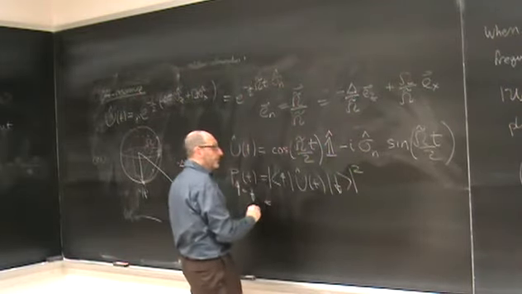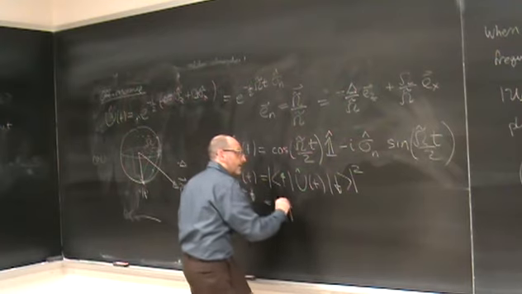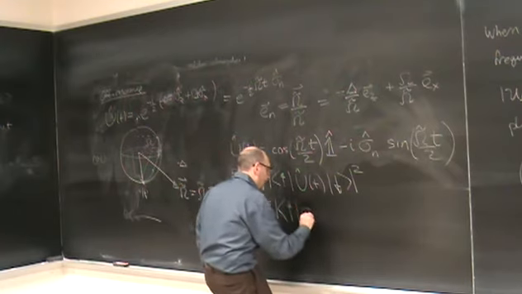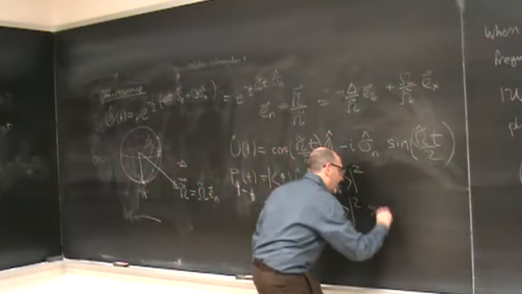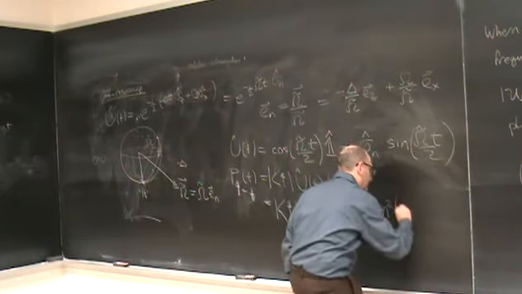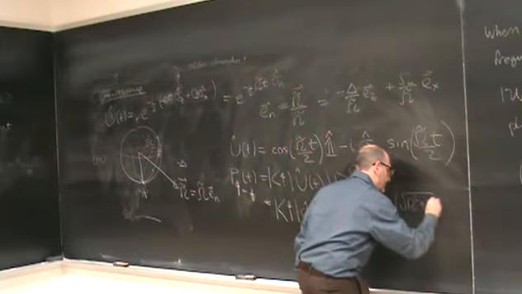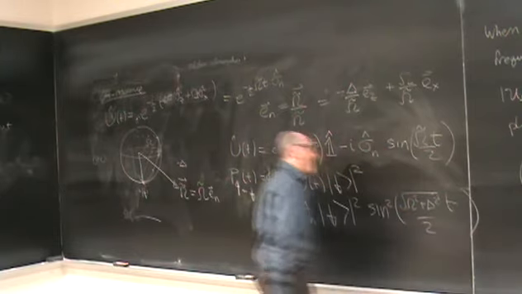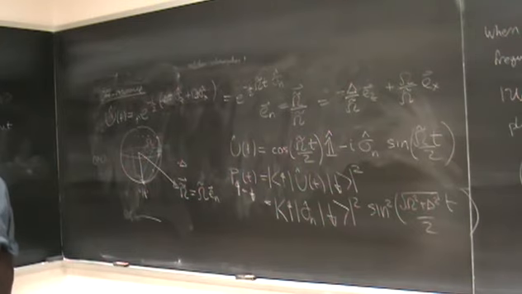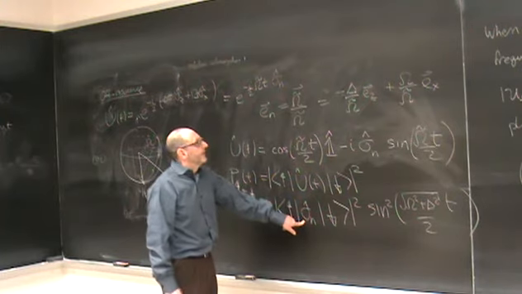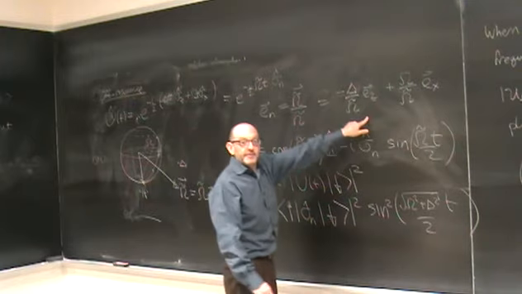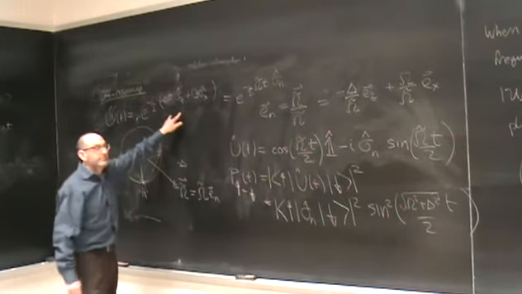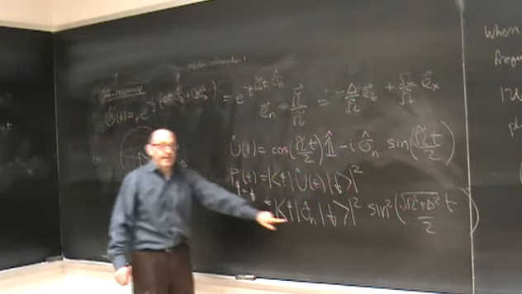So that's equal to sigma n sine squared. Sigma n is sigma dotted into this vector. The first term contributes nothing.